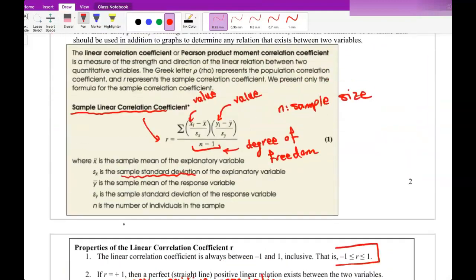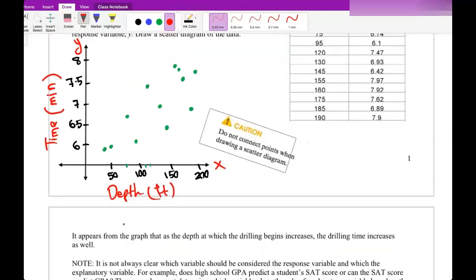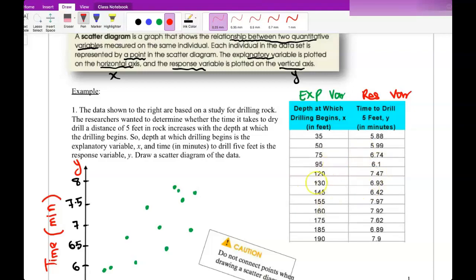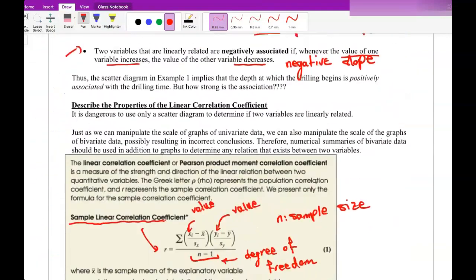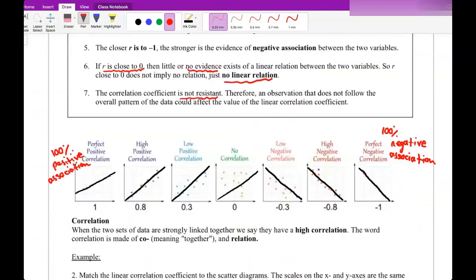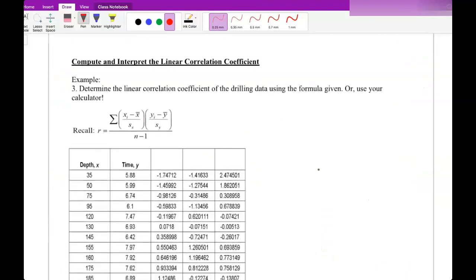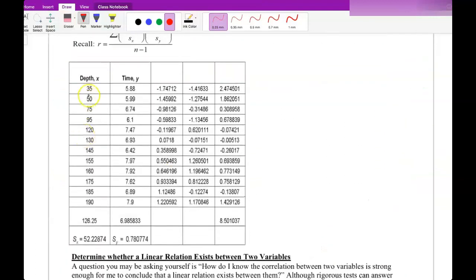Here on this table, on the first part, are the same x and y. Okay, so depth is x and time is y. So this one is the explanatory variable, and here is the response variable.